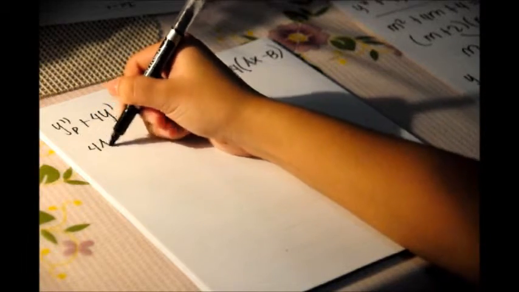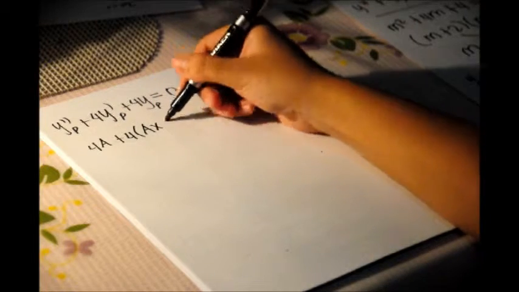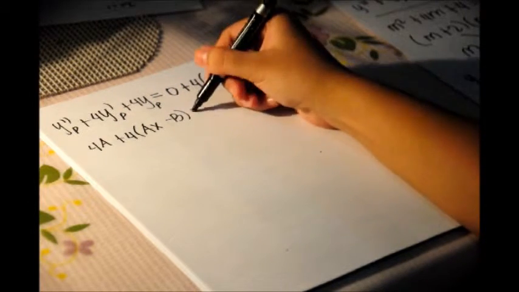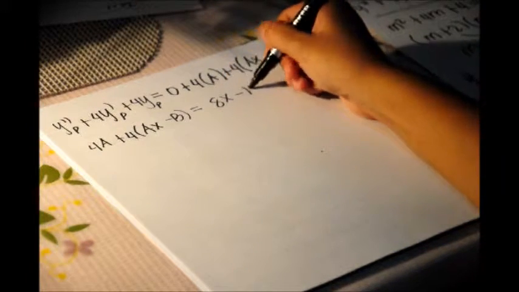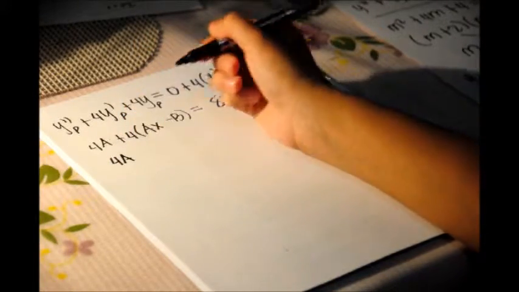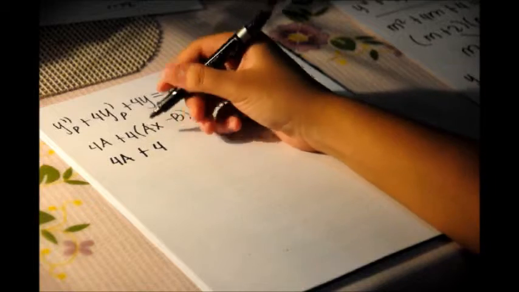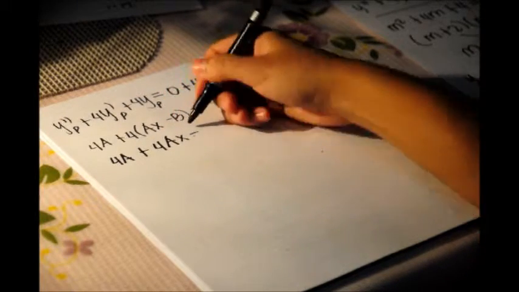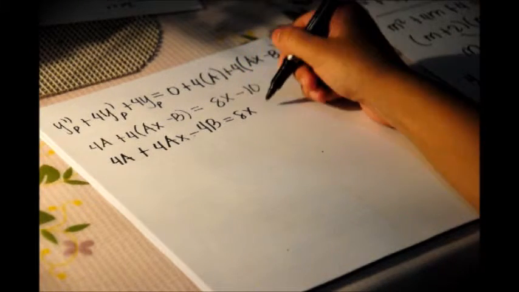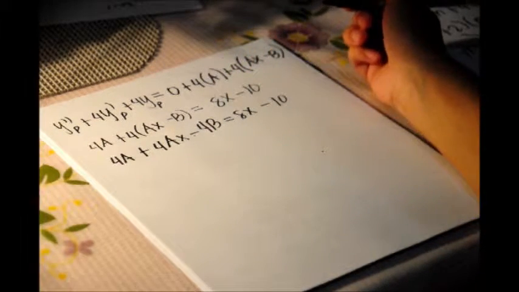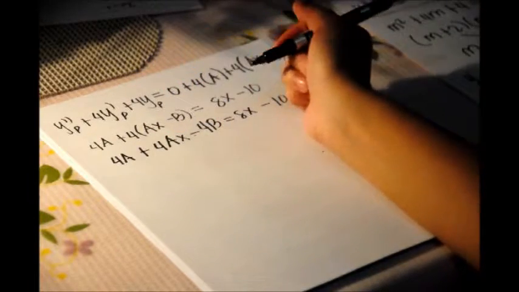So now we have 4A plus 4 times the quantity AX minus B is equal to, let's equate it to the original, which is 8x minus 10. So we have now 4A plus 4AX minus 4B is equal to 8x minus 10. So let's combine like terms.